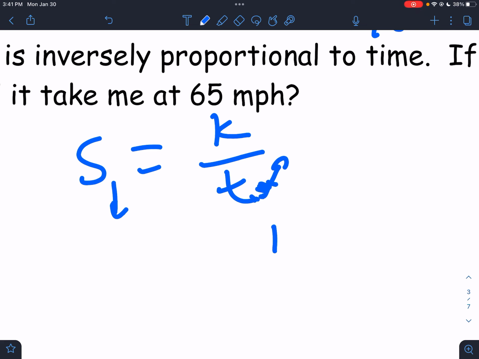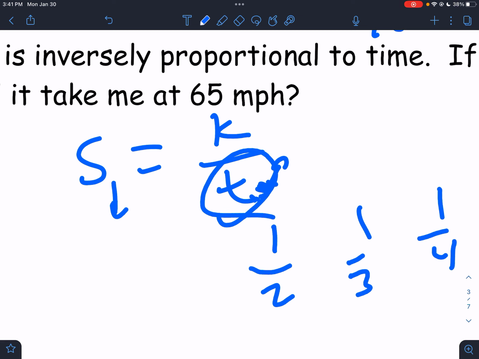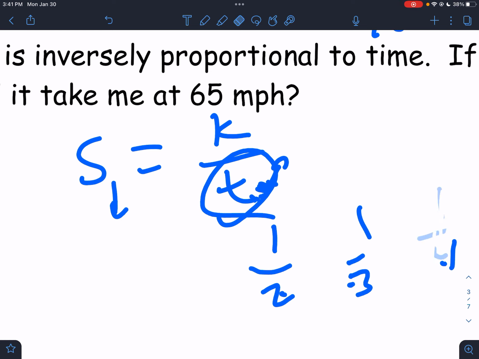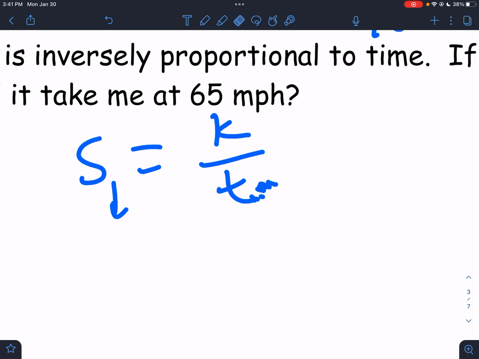Let's say it's 1/2, and then it's 1/3, and then it's 1/4. As the bottom gets bigger and bigger, the number is getting smaller and smaller. 1/2 is bigger than 1/3, right? 1/3 is bigger than 1/4. So inverse proportion means as one number gets bigger, the other number gets smaller.